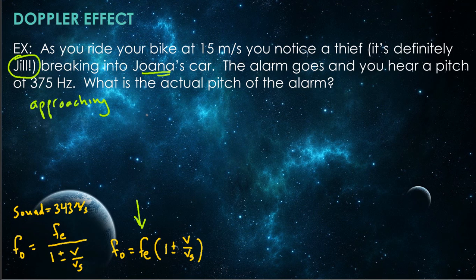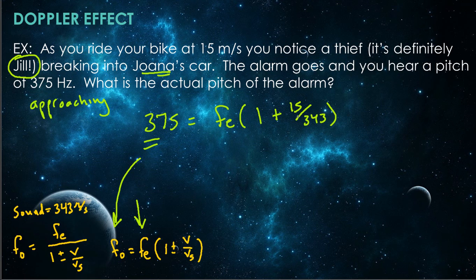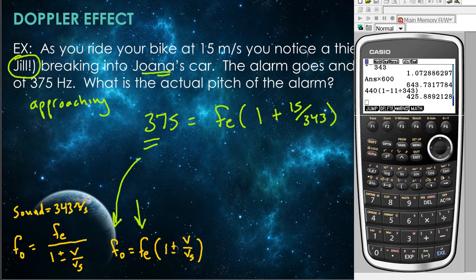All right, so we'll have 375 equals, because that's what we observed. So in this case, we observed the 375. We want to know what the actual pitch was. And since we are approaching, our velocity is 15 all over 343. And we'll go ahead and do that portion that's in the parentheses. And again, we'll want to keep a significant number of these decimal places because we aren't quite ready to round.